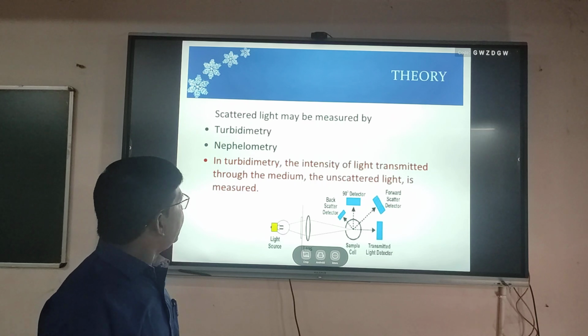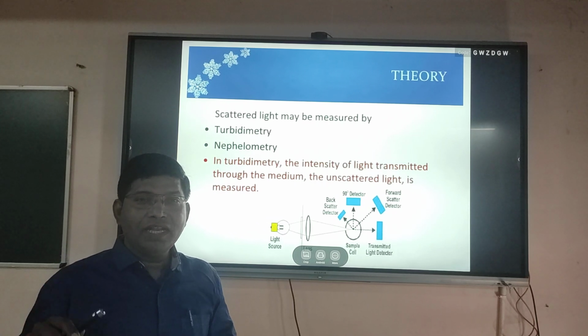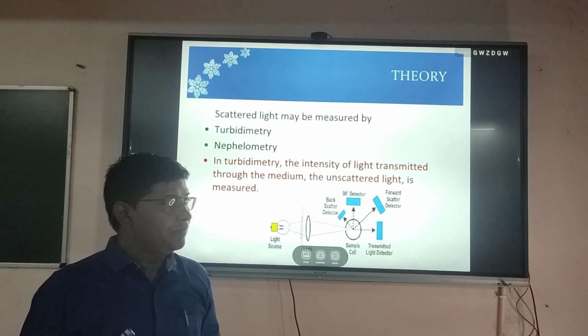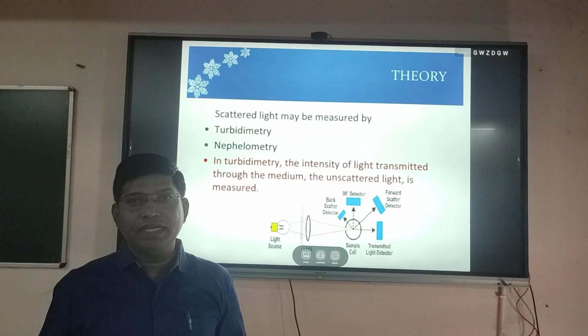But in turbidimetry we should know that we will measure the transmitted light, because the detector is kept at 180 degrees to the incident light.